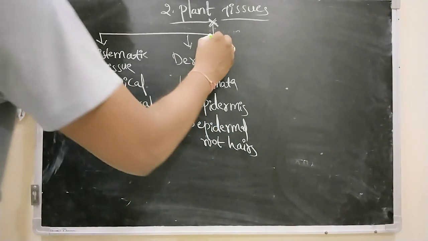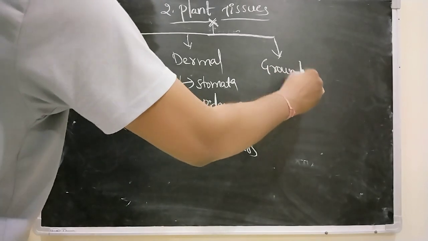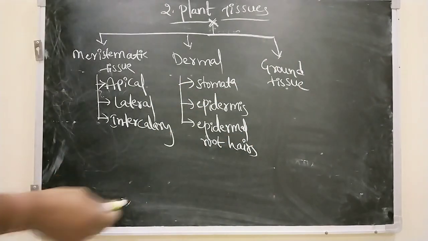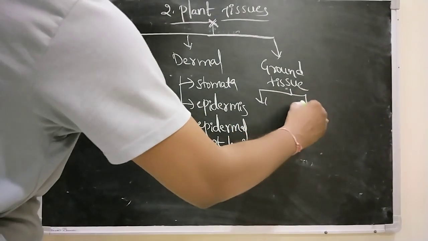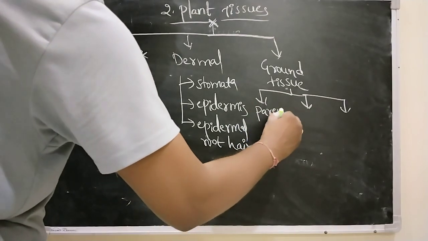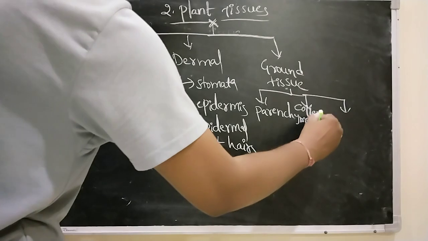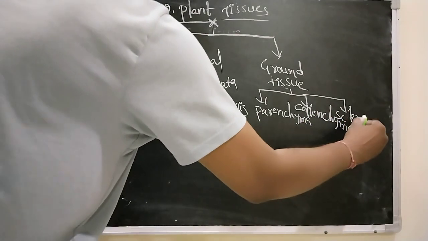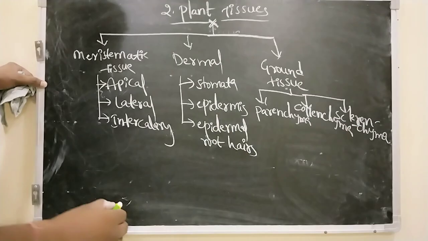Third one, ground tissue. This ground tissue consists of three types of tissues: parenchyma, collenchyma, and sclerenchyma.